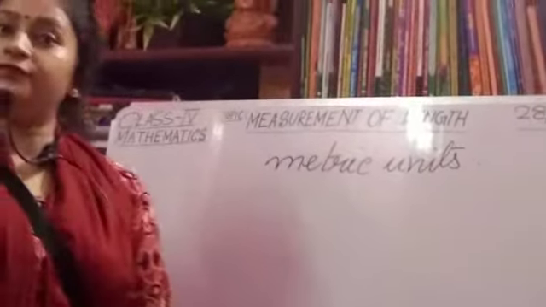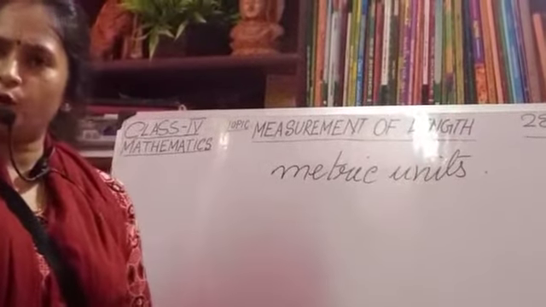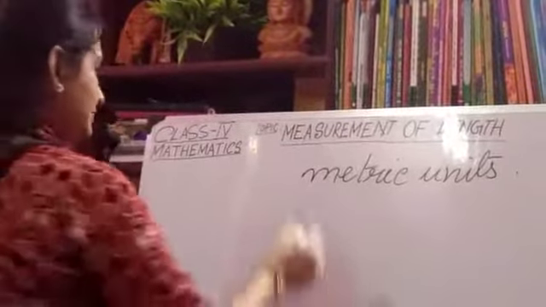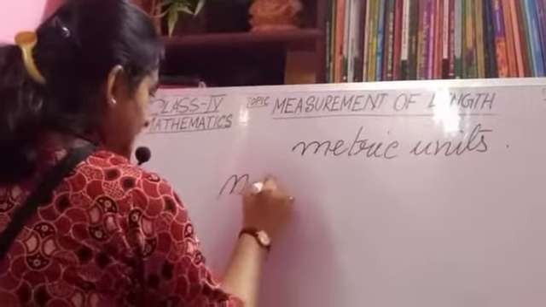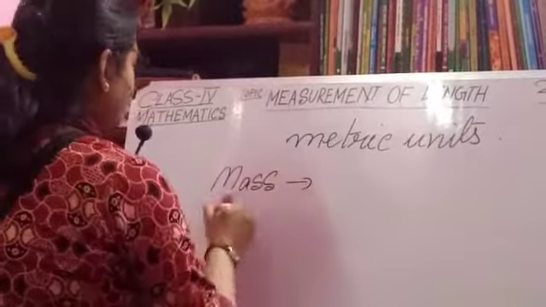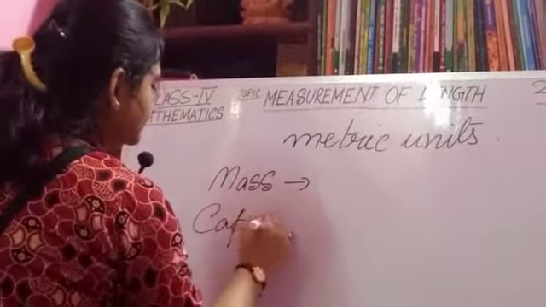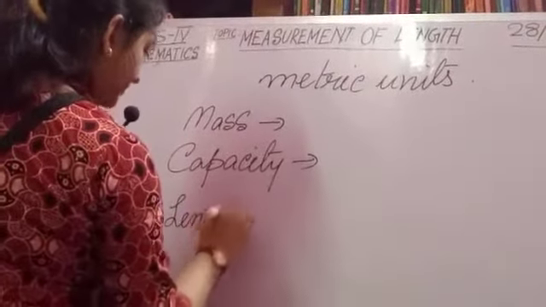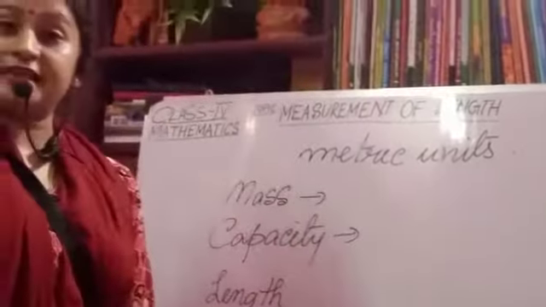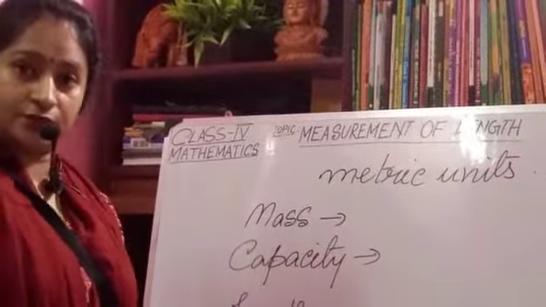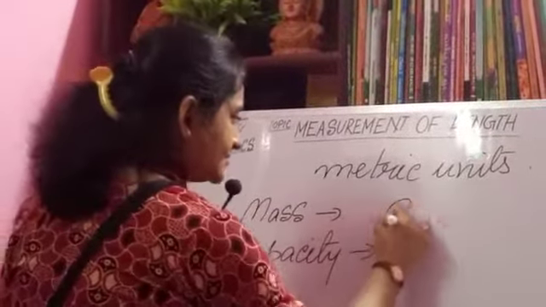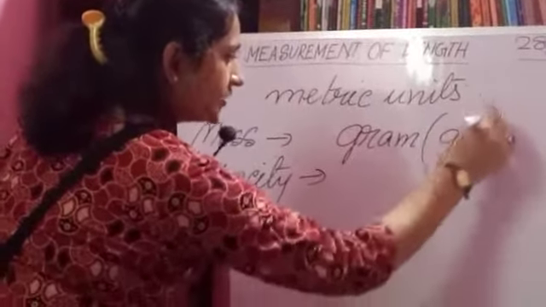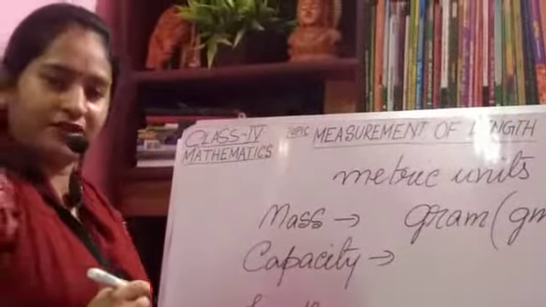Now, what are the physical quantities that we measure frequently in our day-to-day life? They are mass, capacity, and length. The standard metric unit to measure mass is gram, and in short we write g.